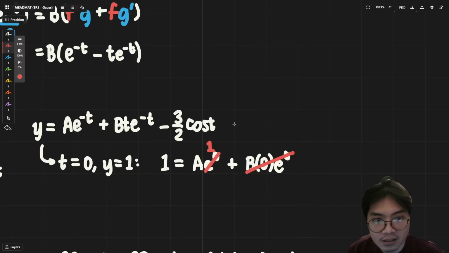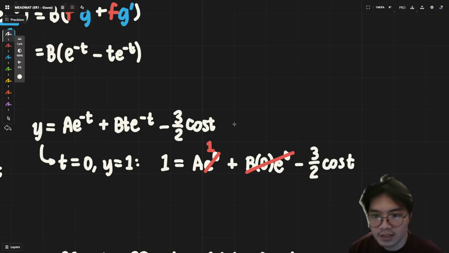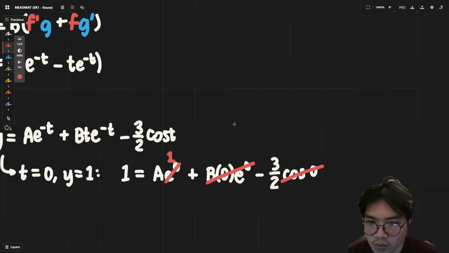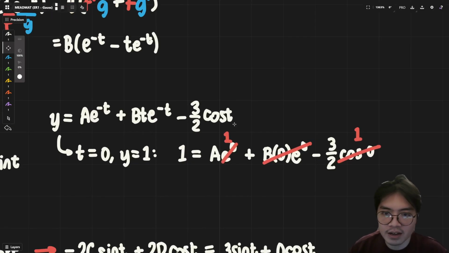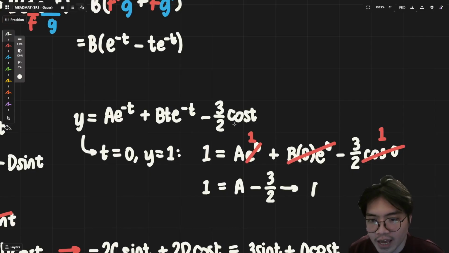All of this gets cancelled out. Minus 3/2 cosine t. In this case, you have cosine 0, which means this is just going to be 1. Hopefully, you guys remember that. And now what you will have is 1 is equal to a minus 3/2, which means that your a is actually going to be 5 over 2.